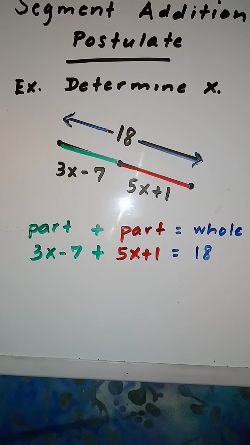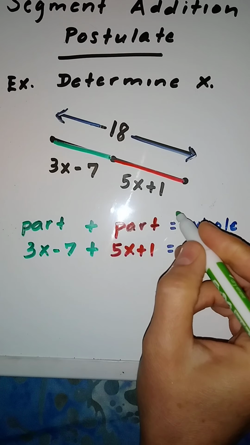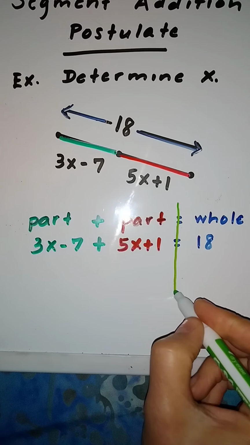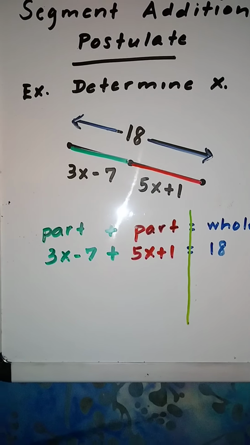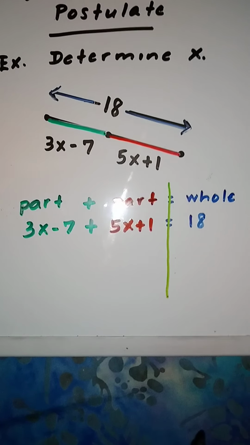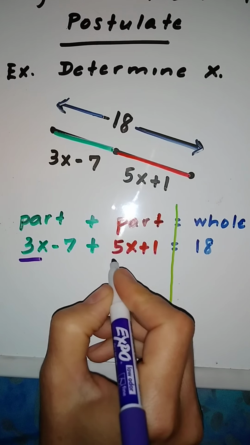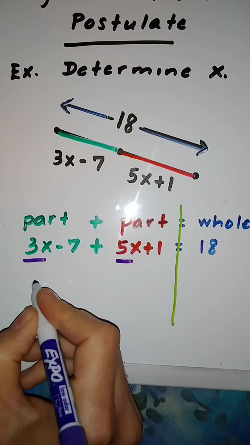We're going to now look at our solving steps. On the left side of our equation, we can combine like terms. 3x and 5x creates 8x.